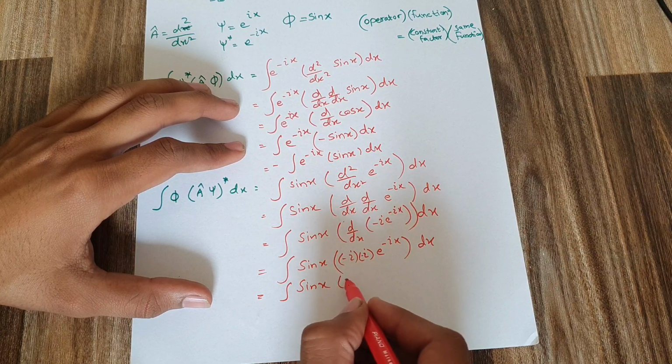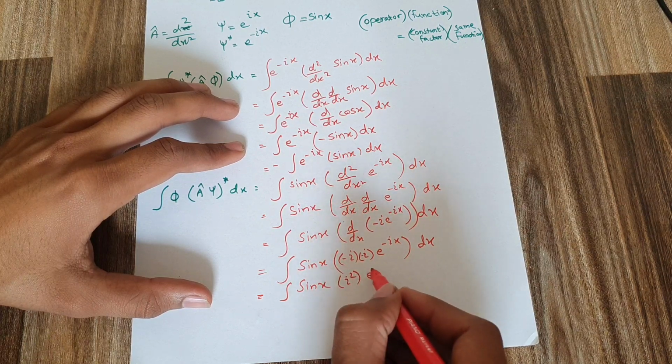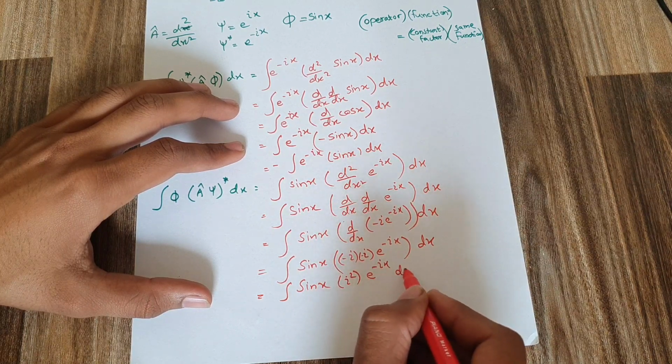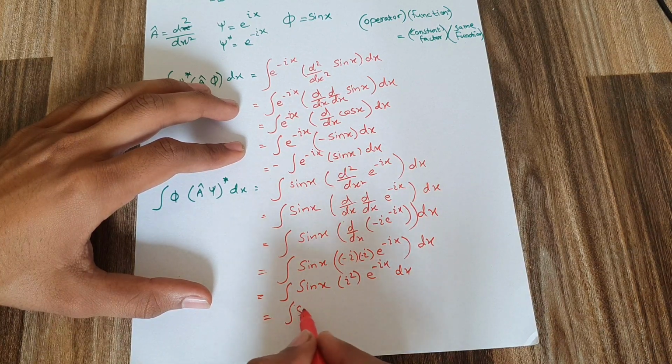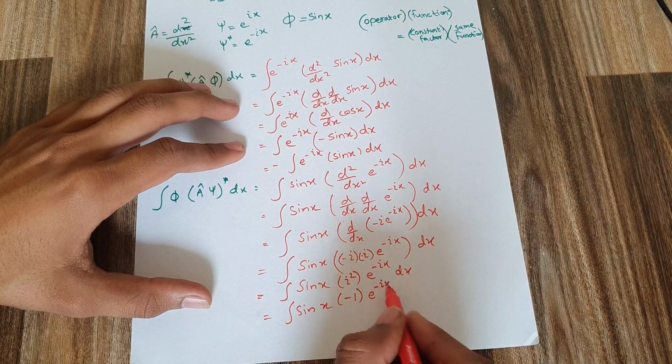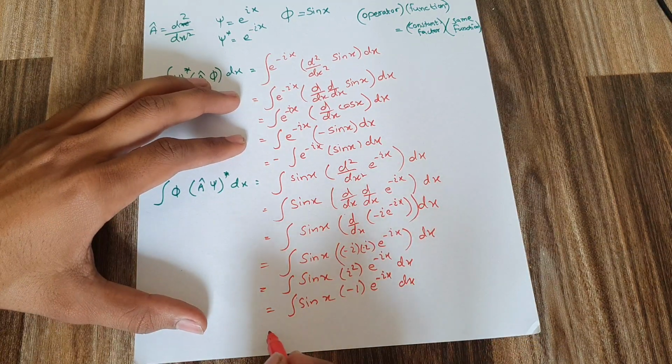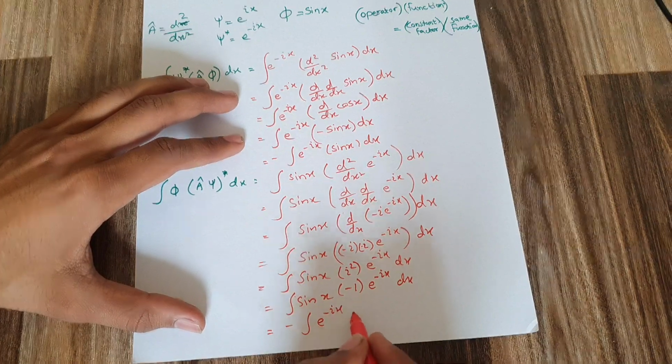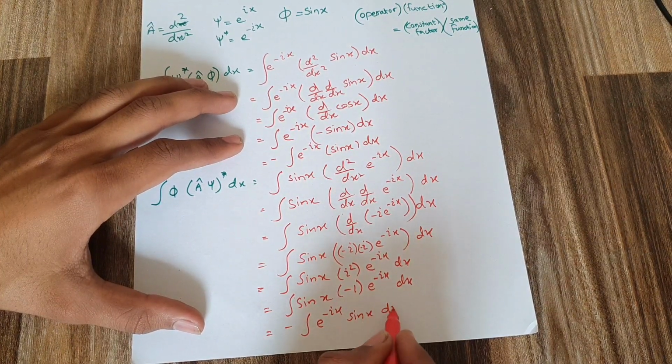So this minus will go behind. The answer becomes equal to e raised to the power minus iota x, sin of x, dx.